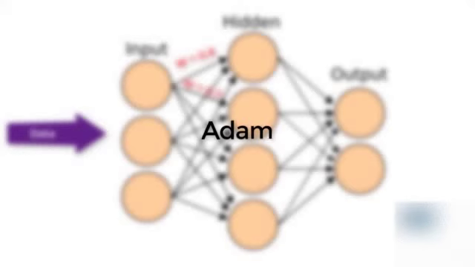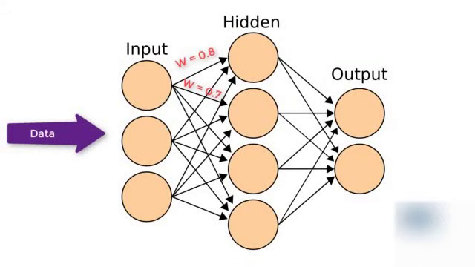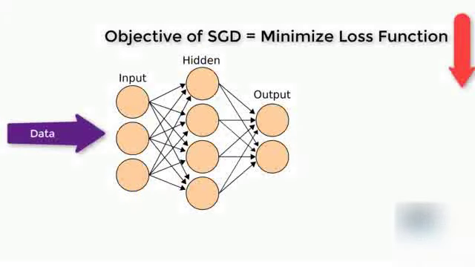When we have any optimization problem, we must have an optimization objective. So now let's consider what SGD's objective is in optimizing the model's weights. The objective of SGD is to minimize some given function that we call a loss function. So SGD updates the model's weights in such a way as to make this loss function as close to its minimum value as possible.